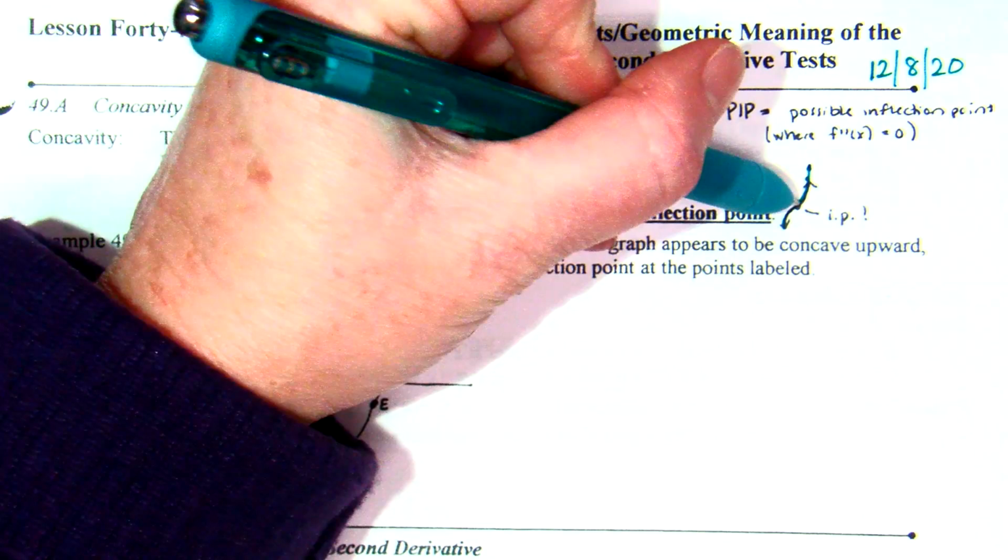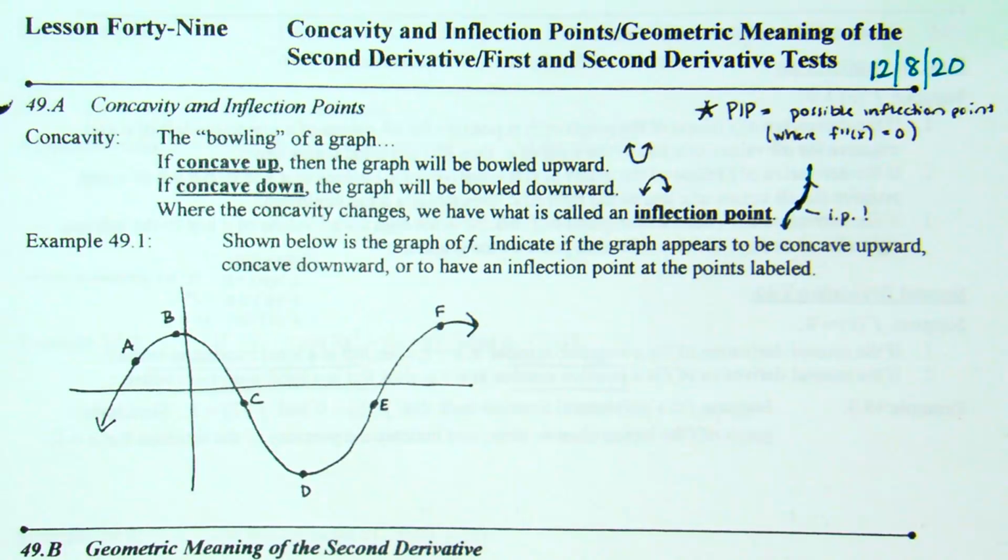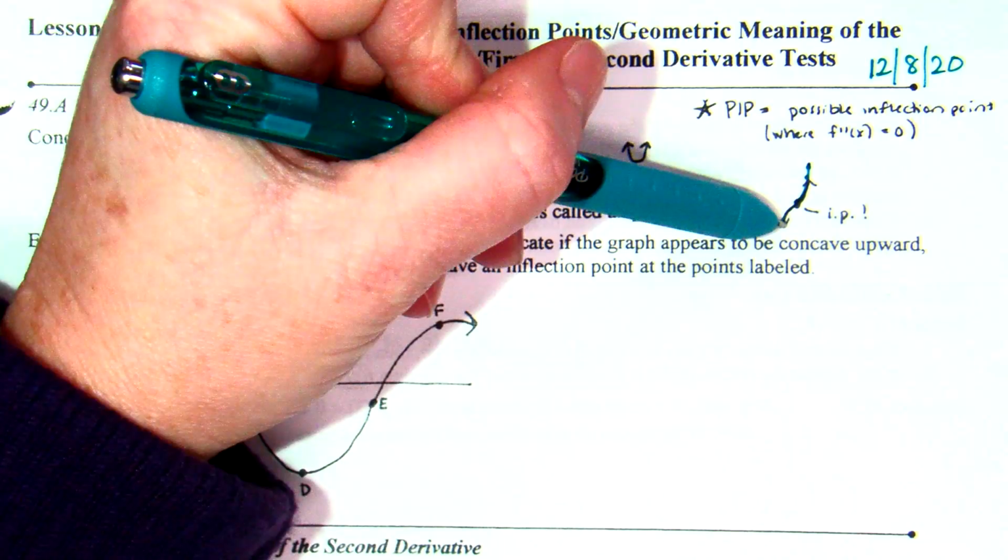Then when you hit that 0, 0, that's what's called an inflection point, because now all of a sudden my graph changes and now it's bowled upwards. The first part is like part of an upside down parabola, that's concave down. The second part is like part of a right side up parabola, and that's concave up.